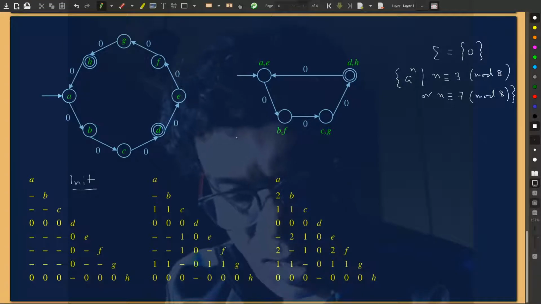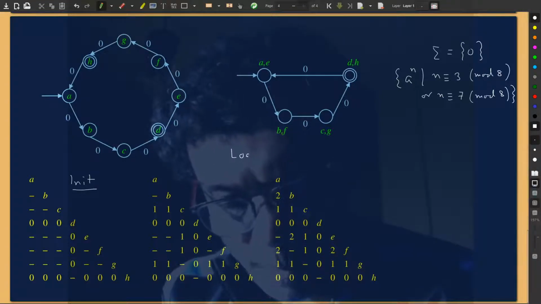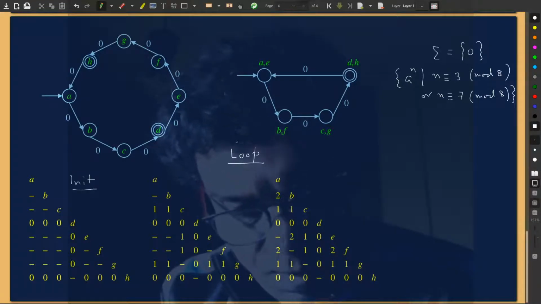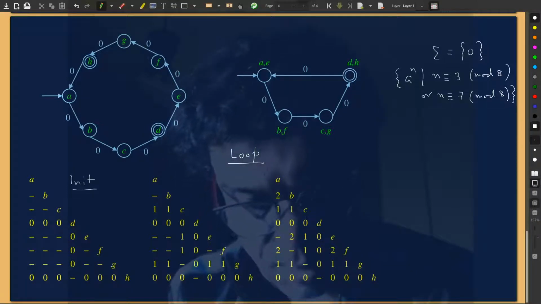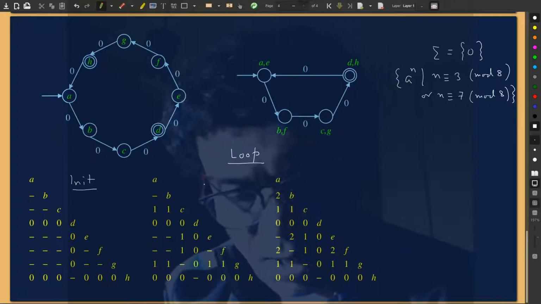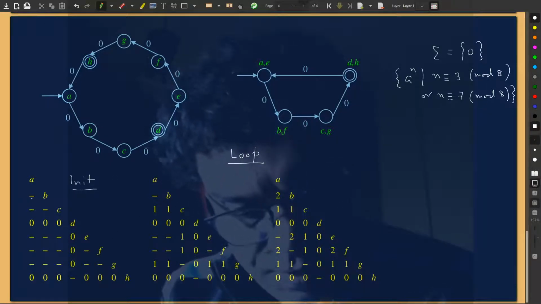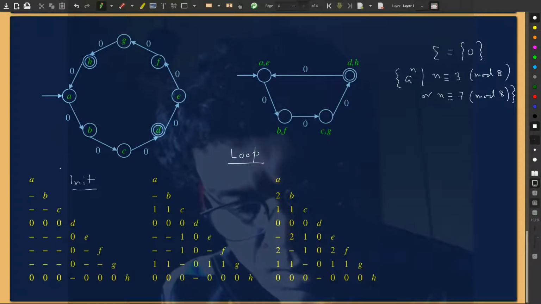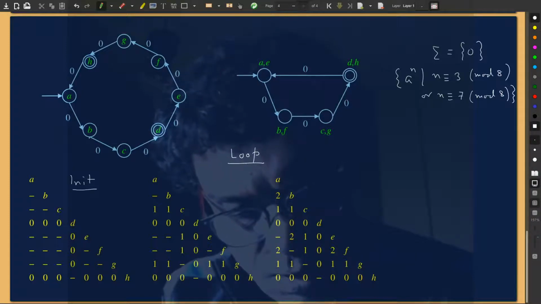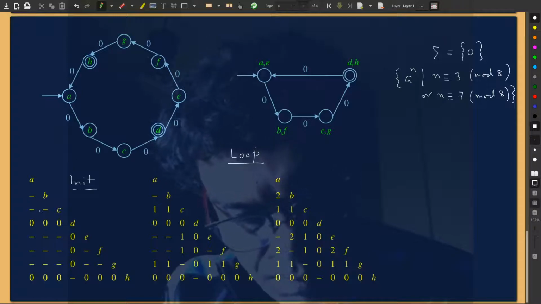Then I go to this loop. Okay. Maybe I will look at this, and try to mark this sequence. Okay. So let us see what happens in the first iteration. A, B. Can I mark? Upon 0, A goes to B, B goes to C, so B, C. B, C is not marked.